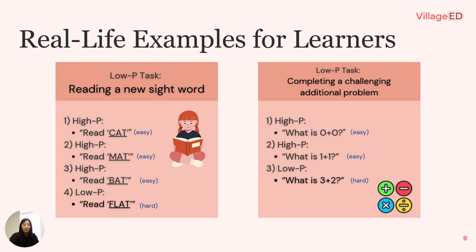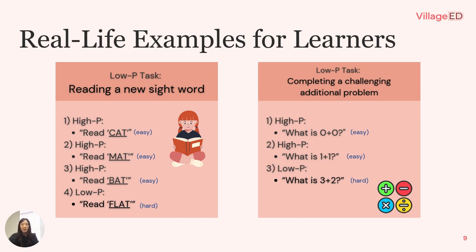And obviously, if flat is a new word, I would definitely help or provide any guidance to finish that task, but it just builds momentum and encourages the learner to get into that low P task.